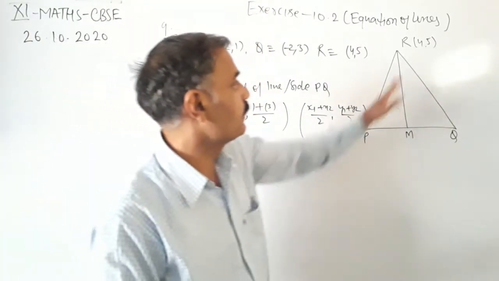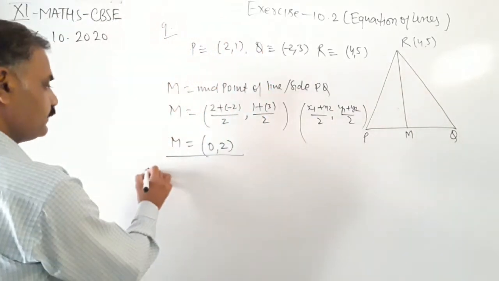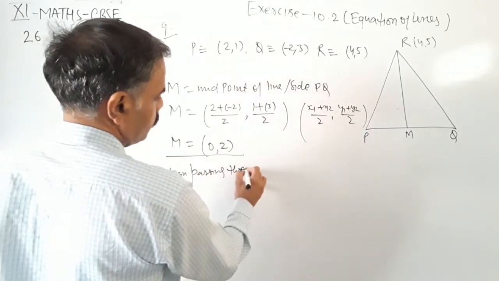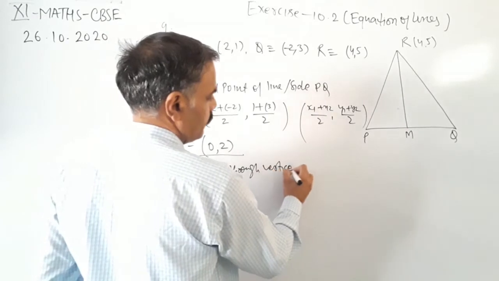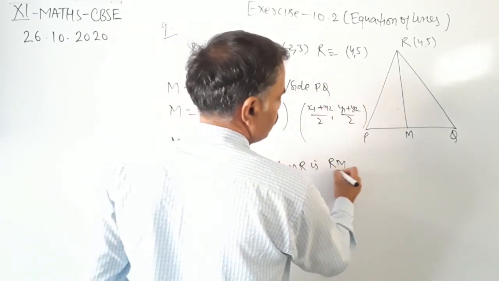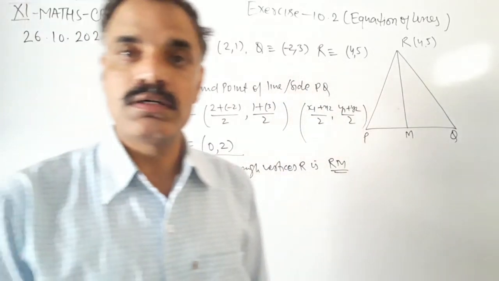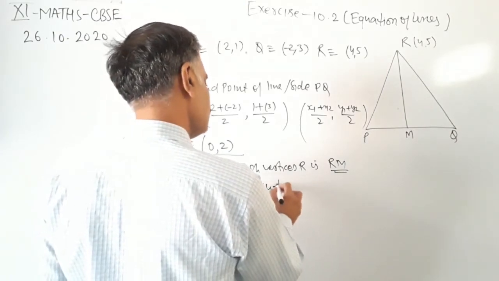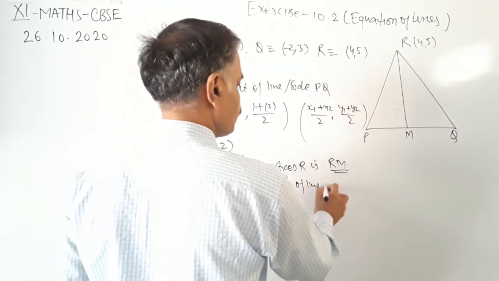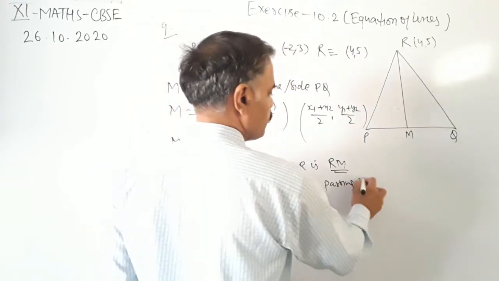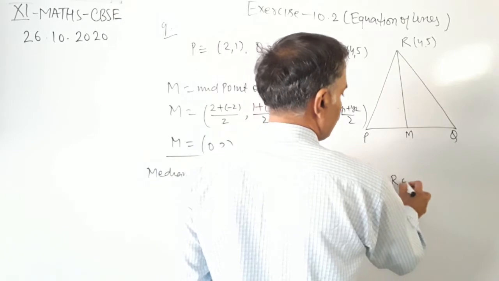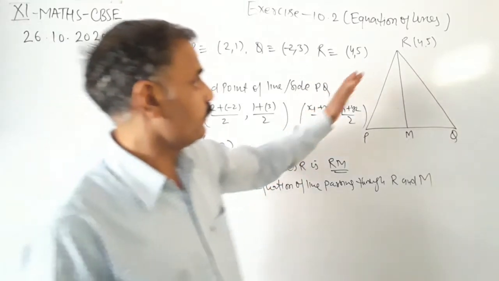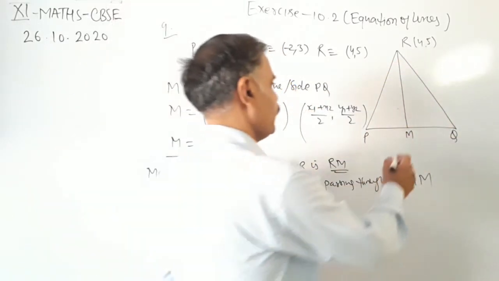Now we have to find the equation of the median RM, that is, the equation of the line passing through the two points R and M. The coordinates of R are (4, 5) and the coordinates of M are (0, 2).